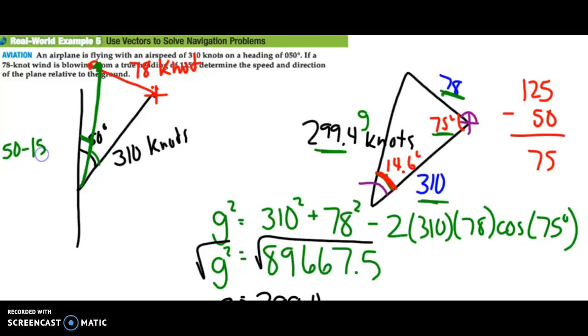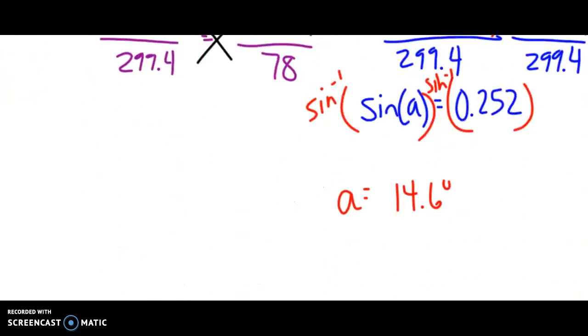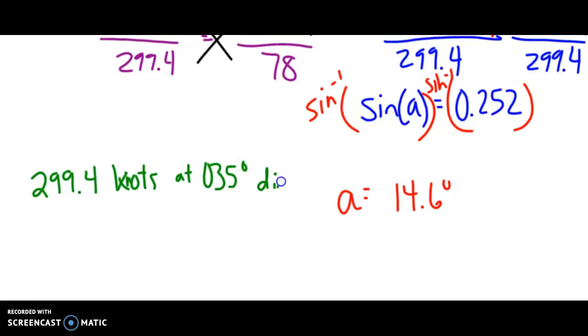We'll just round it to 15. So that's 35 degrees. So my resulting vector has a speed, meaning my plane has a resulting speed of 299.4 knots at 035 degree direction.